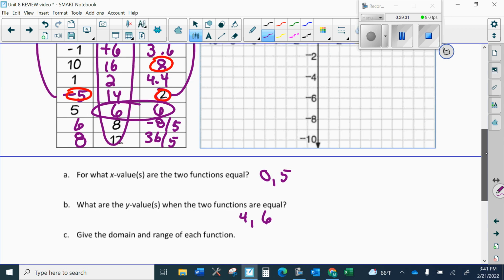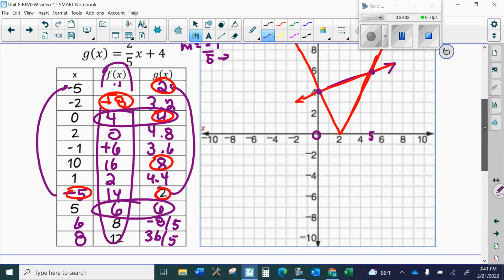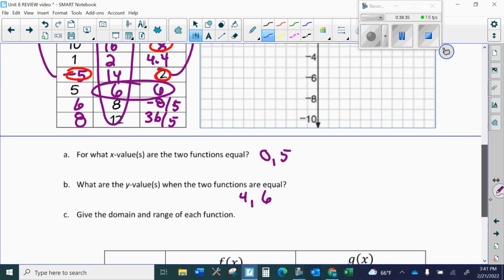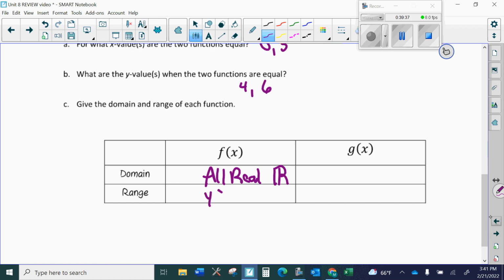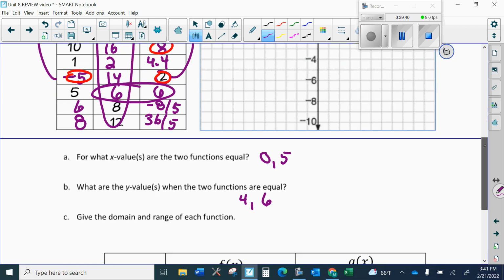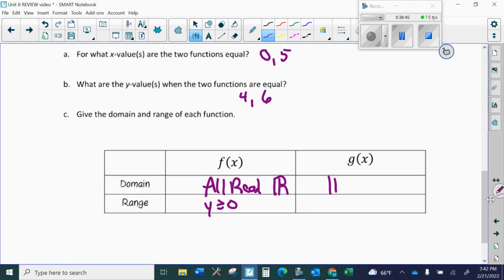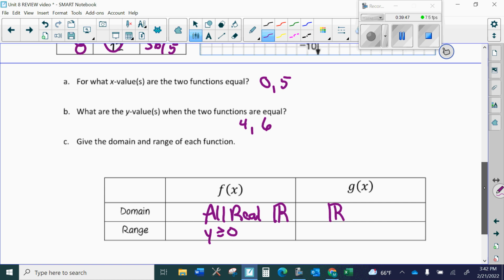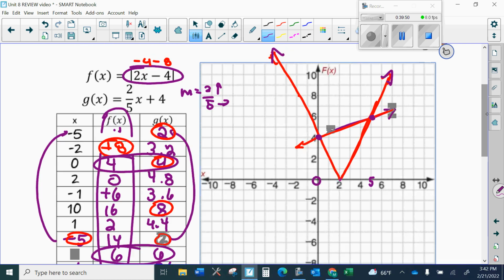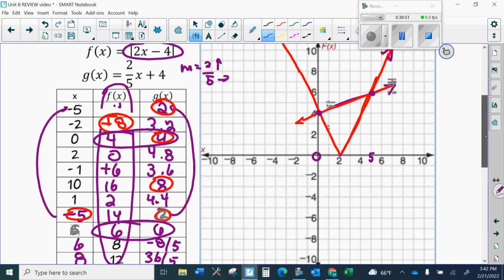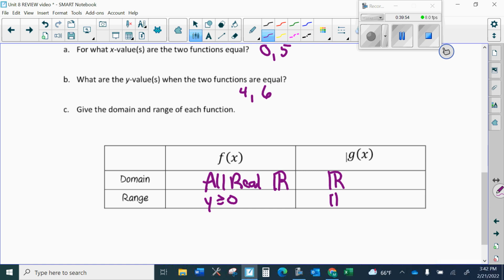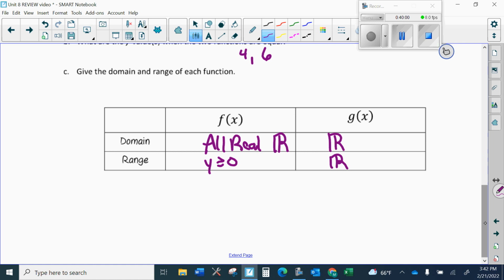The range for the absolute value, notice it starts at 0 and goes up to positive infinity for the y values. So y is greater than or equal to 0. Now for the g of x, that's that line. Of course, every point is graphed, so that's again all real. And y values, it's going to go from negative infinity to positive infinity, so it's all real again. Okay. And that answers all of it right there.